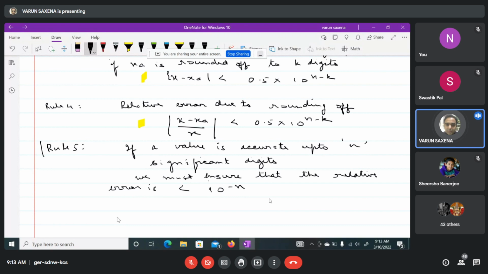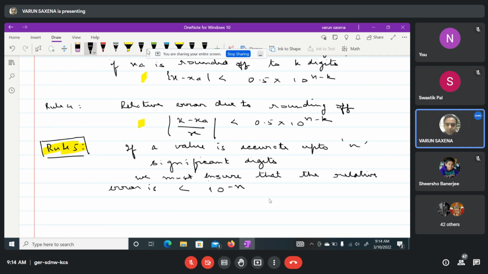And this is actually probably a rule that you should be remembering once you're doing any program. Suppose you want your result to be accurate up to 5 decimal digits, so you should run the iteration at least to a point where your relative error is at least of the order of 10 to the power minus 5, right? So this is an important rule. This is probably something that you will be using a lot when you're writing programs. So this is something that you should remember.